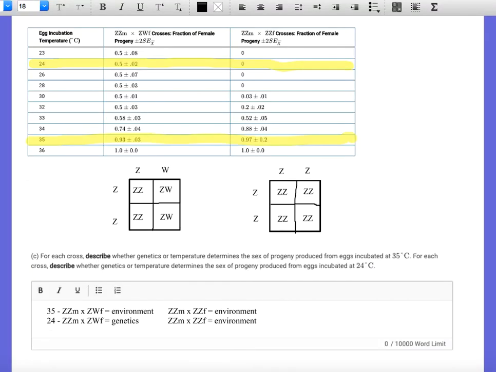Well, so you can see that the W doesn't really play a role in sex determination, especially at higher temperatures. So as the Earth gets warmer, as the climate gets warmer, what you'll probably see is more ZZ females out there, right?